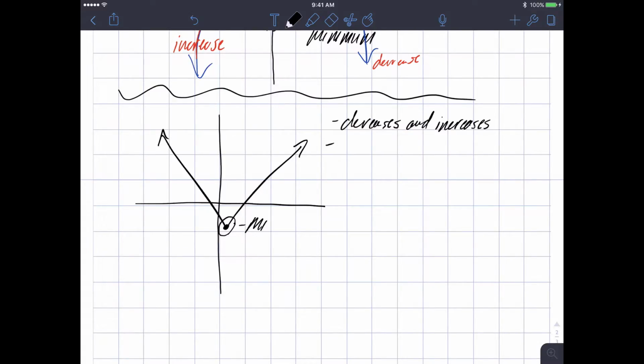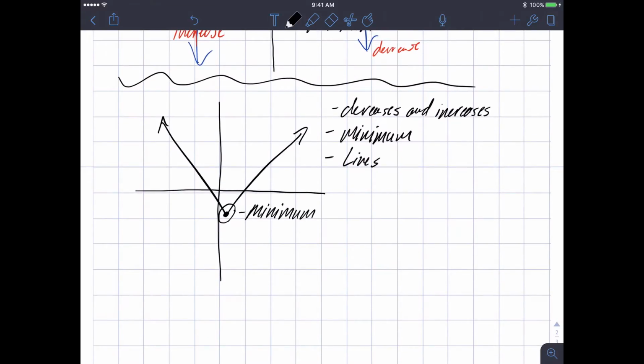That's the minimum point of the entire graph. I'll just write minimum here. And is it a curve or a line? It's a line. Actually, it's lines. But lines. You get it.